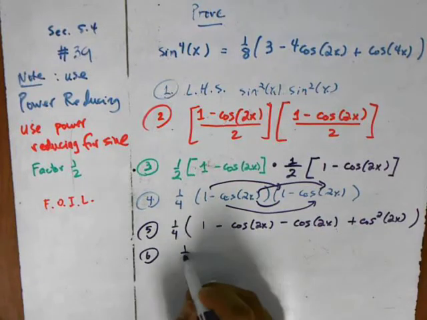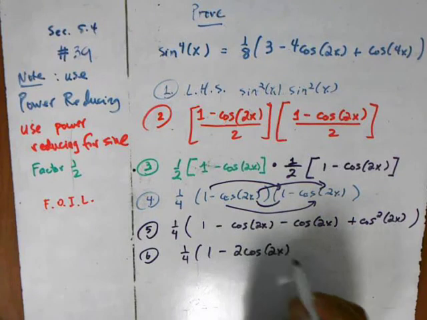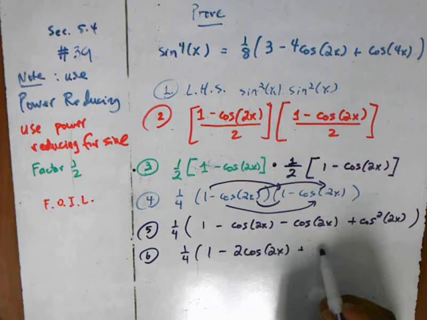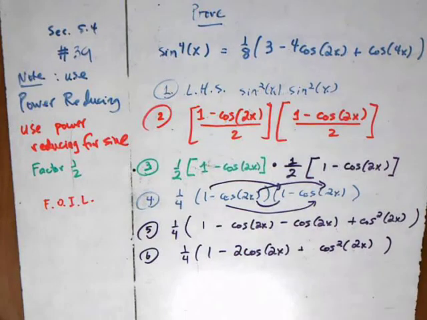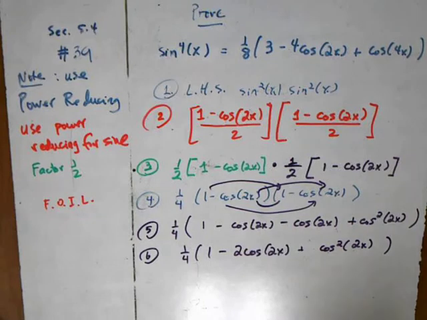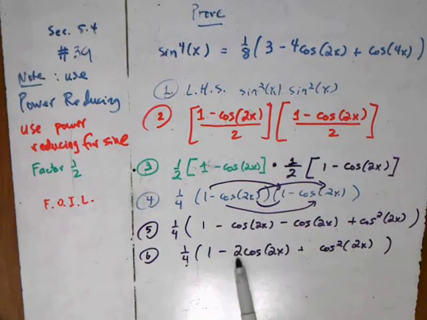Simplifying a little bit further, this is 1 minus 2 cosine 2x plus cosine squared 2x. You can see again, I have a lot of the things that I want. I got 1/4 here. I wanted 1/8. I got a 1, wanted a 3. I got a 2 here, and we're trying to get to a 4. I got cosine 2x, and now we just have to deal with this.